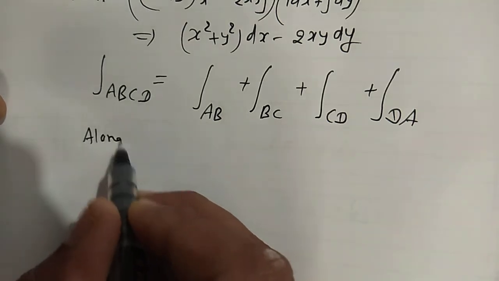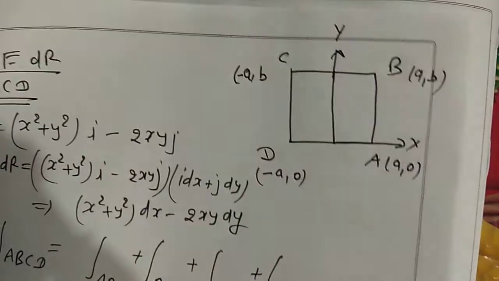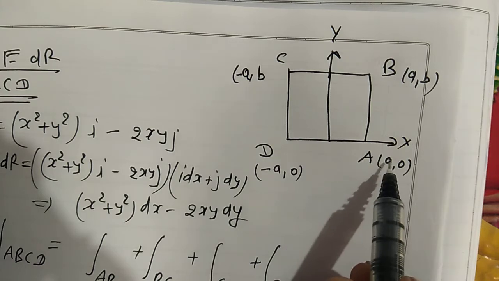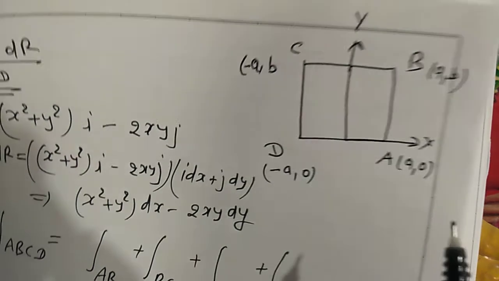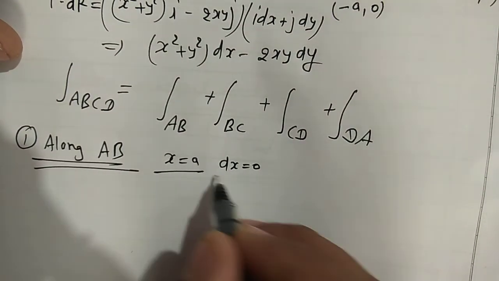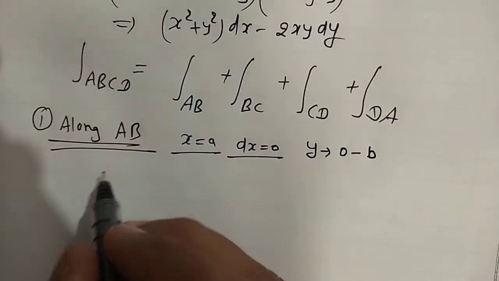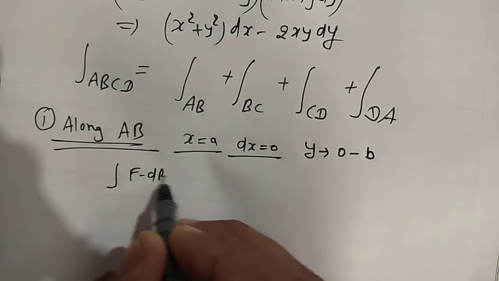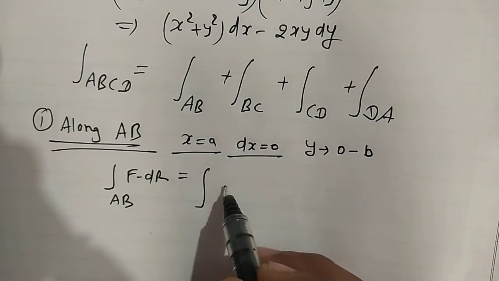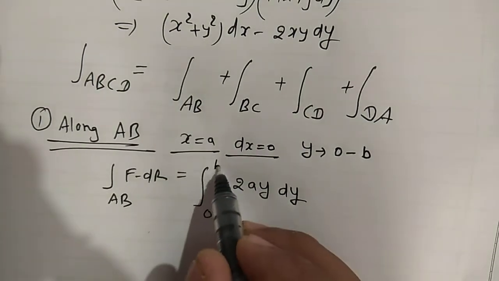So along AB, the first integral, you can see here along AB means x is fixed, x equal to a, so dx equal to 0 and the y limit will be 0 to b. So the integral of F dot dr along AB will be, dx is 0, so minus 2ay dy from 0 to b.